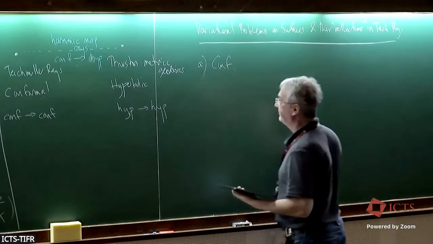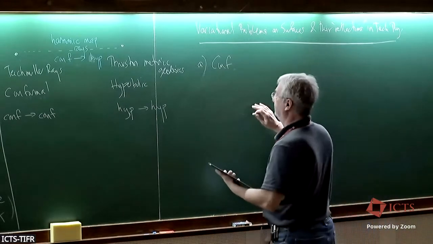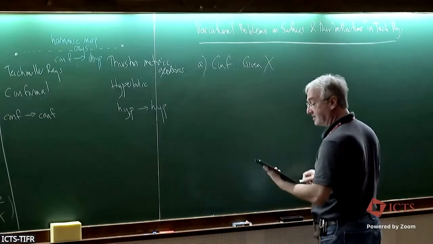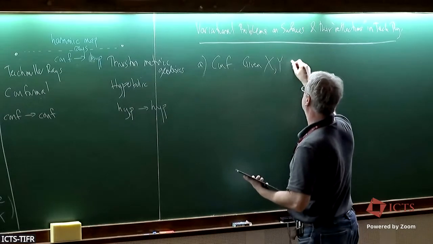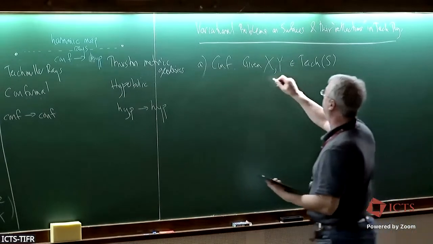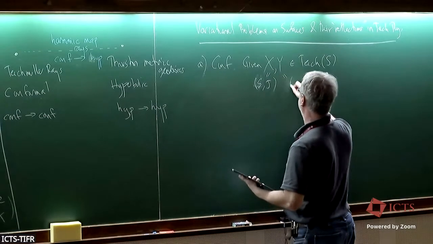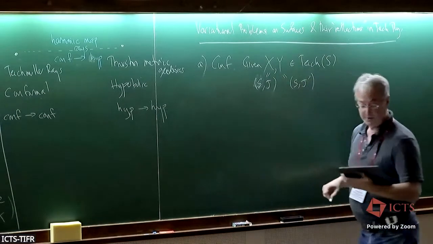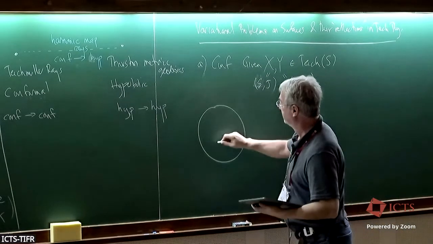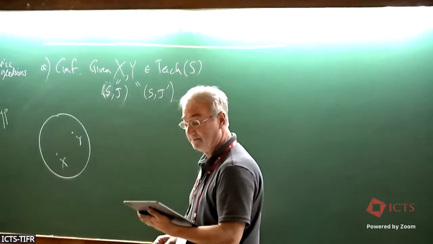So, a very quick tour of Teichmuller maps. We're given some surface X, or some pair of surfaces X and Y in the Teichmuller space. If you like, I can write X as the surface with some almost complex structure, and Y as the surface with some other almost complex structure. And so over on Teichmuller space, I have X here, I have Y there, and I'm interested in how to get between them.